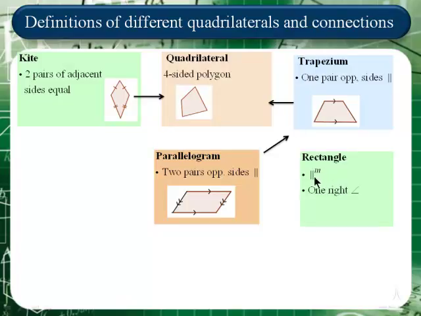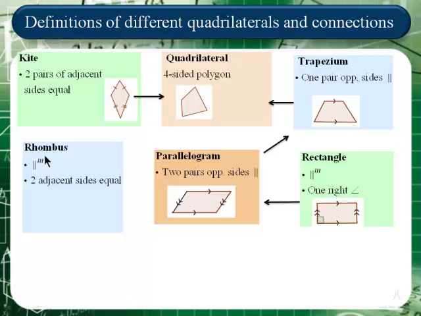What we do to get to a rectangle is we simply say it must be a parallelogram and one of the angles must be 90 degrees. Obviously the implication is that if one of the angles is 90 degrees, all 4 angles will be 90 degrees. So a rectangle will always be a parallelogram, a trapezium, and a quadrilateral if you follow this particular route.